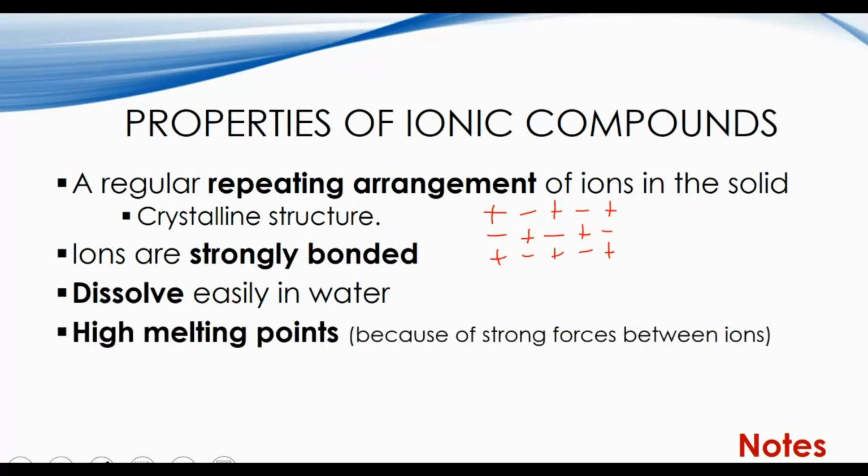Now, because they have this very strong force between the positive and negative ions, in order for us to melt ionic compounds, the amount of energy that needs to be added to the system is extremely high. So their melting points and their boiling points are very, very high.